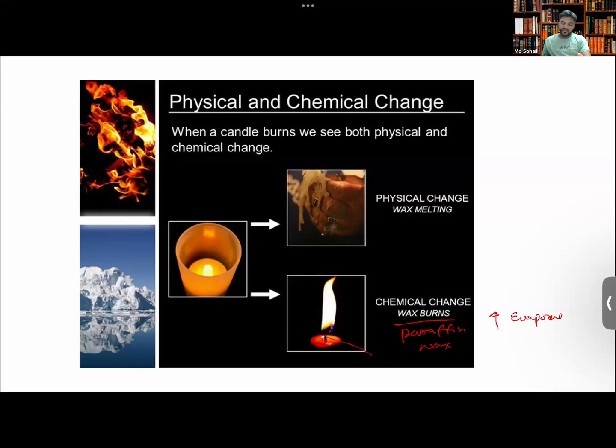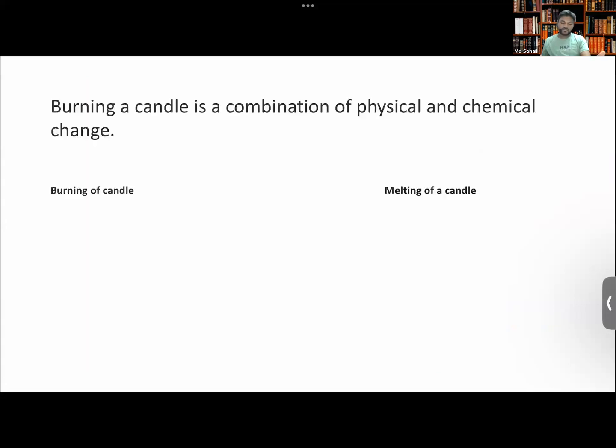And look at the thread of the candle, that has also burned to carbon, right? So we also can't get that back. So that is a chemical change. And then you have got a physical change, because when the wax melts, it is still the same thing. It is still made up of paraffin, right? So burning of a candle is a chemical change.